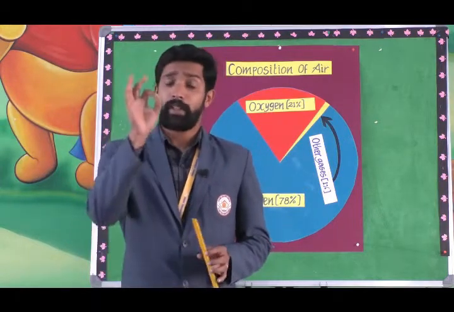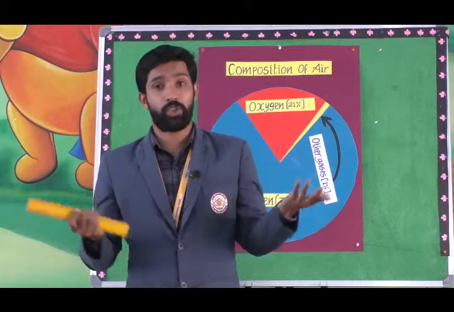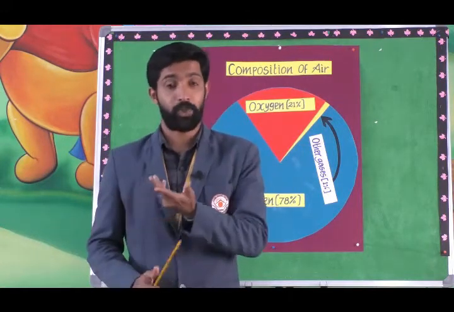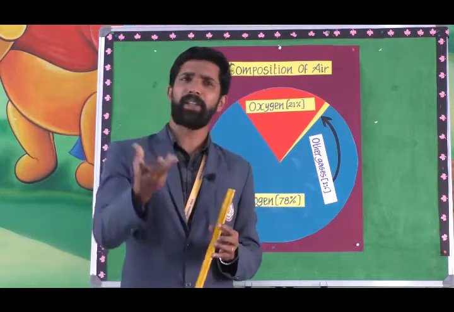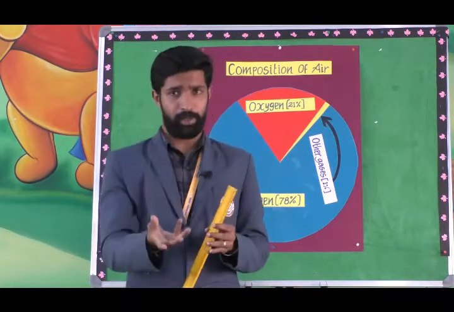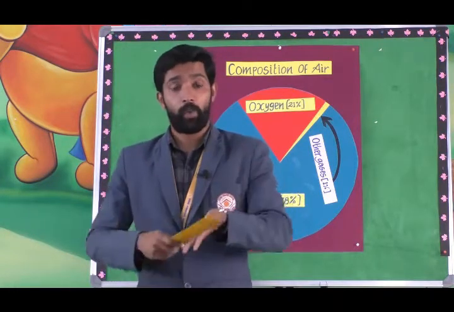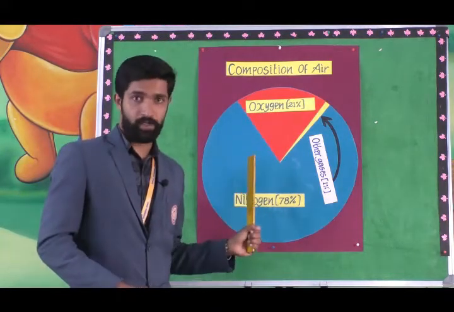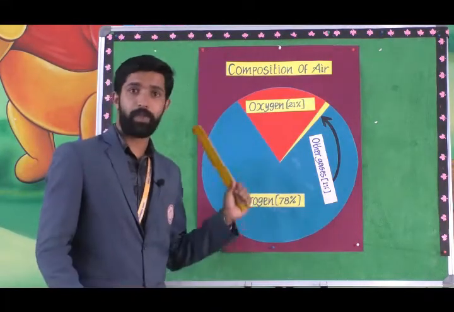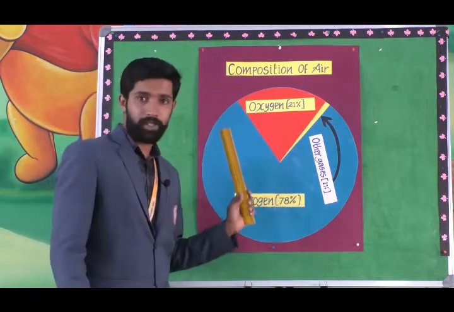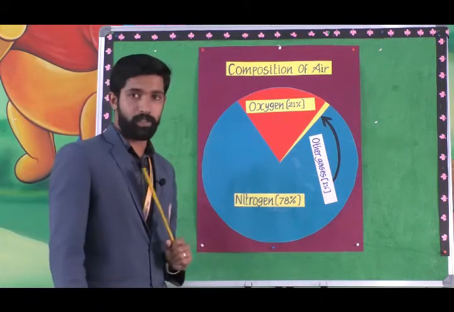The atmosphere consists of a mixture of gases, water vapor, dust particles, pollen grains, and many impurities like smoke, salt, and other chemicals present in varying quantities. The main constituent gases are nitrogen, oxygen, and other gases.